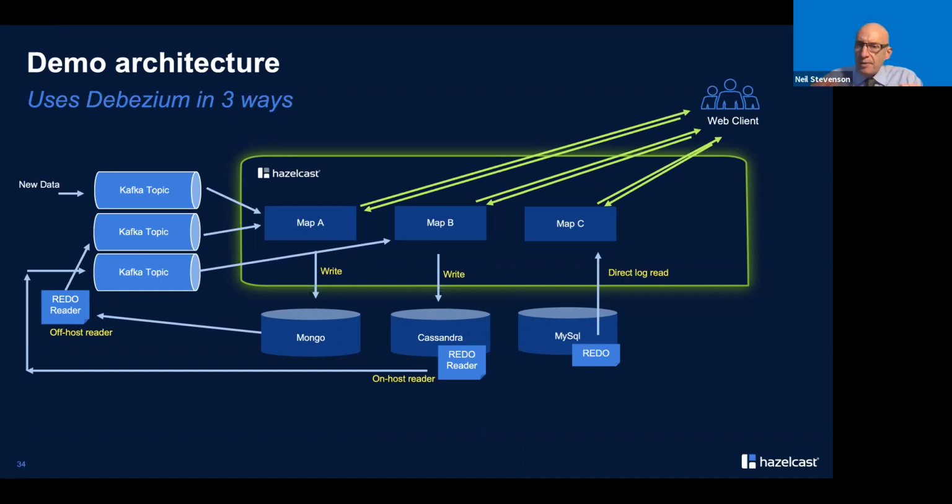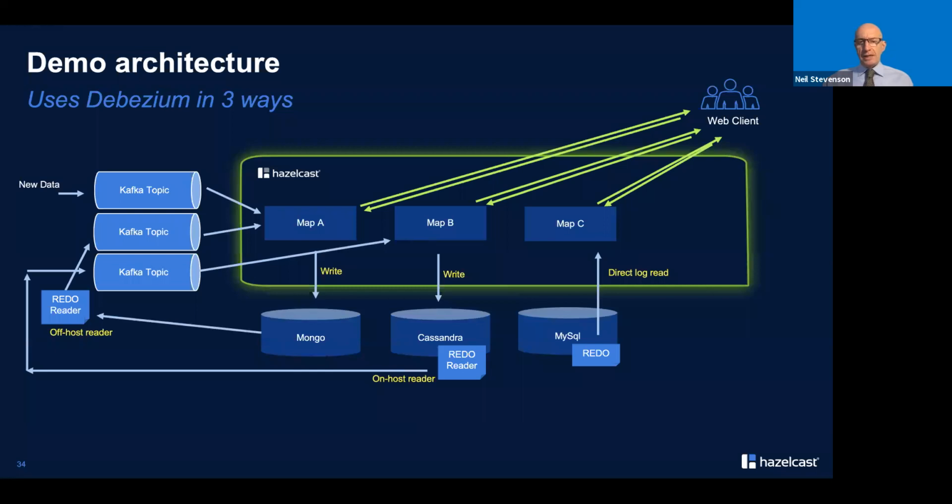So that map may be connected to an external backing store. In this case, I've gone with Mongo, Cassandra, and MySQL, just for a mix of SQL and NoSQL. And a lot of Debezium relies on Kafka. Kafka is quite a common messaging bus system, but that whole diagram is the whole piece.